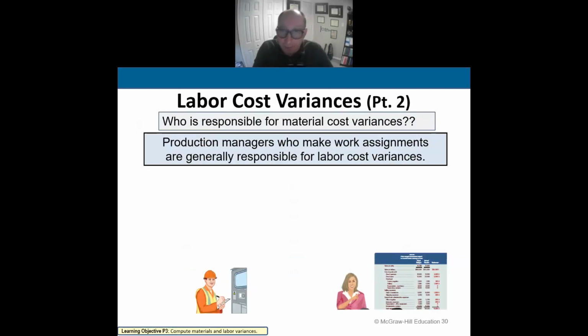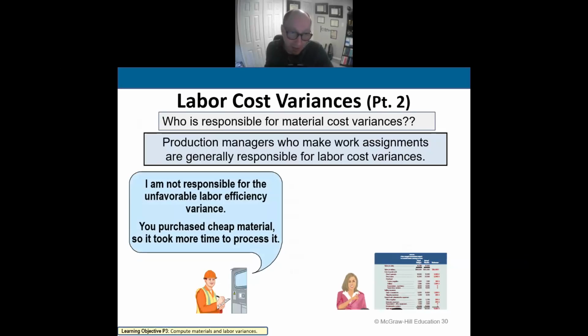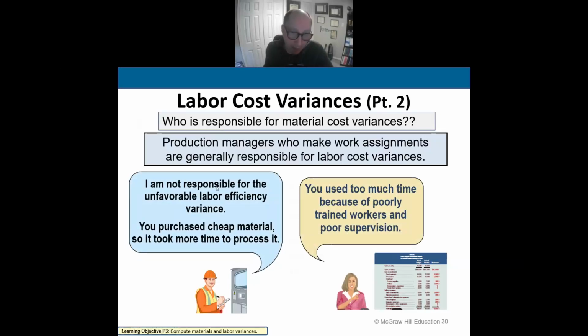Who's responsible for managing labor cost? Is it HR? Is it the production managers? Is it the company as a whole? There's a lot of different reasons why the actual labor cost will be different than the standard cost.